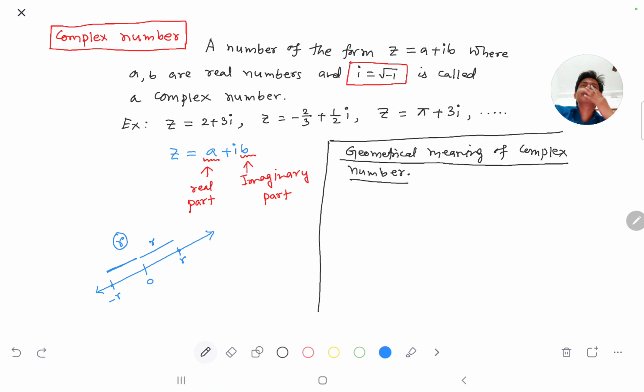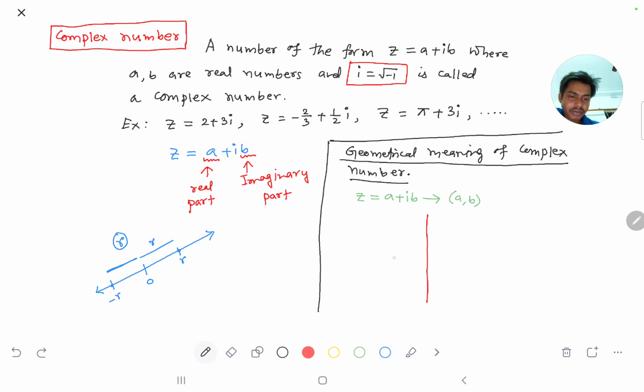Similarly, a complex number we can represent as a point on a plane. How? If we take any complex number z equals a plus ib, then we can identify that complex number with the point (a, b). By this identification, we can represent any complex number as a point on the xy plane.